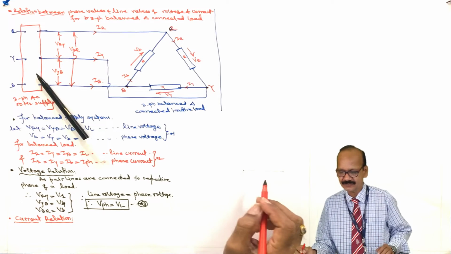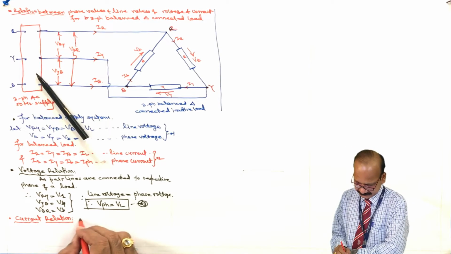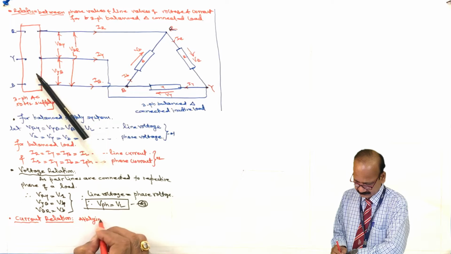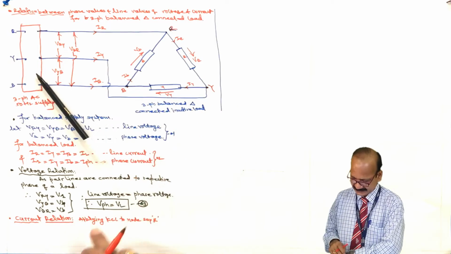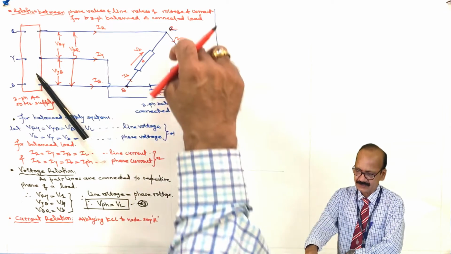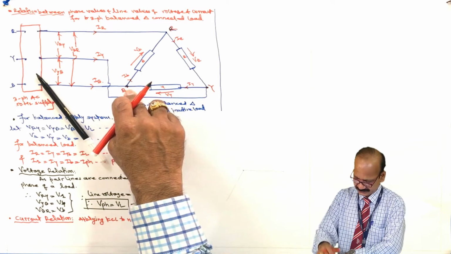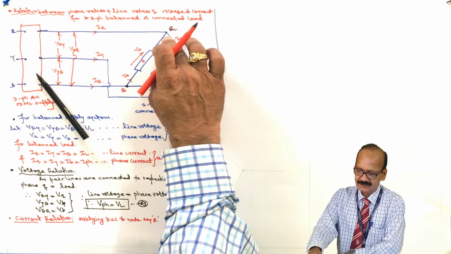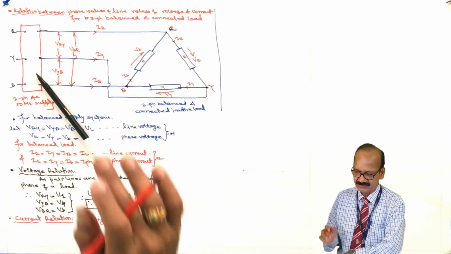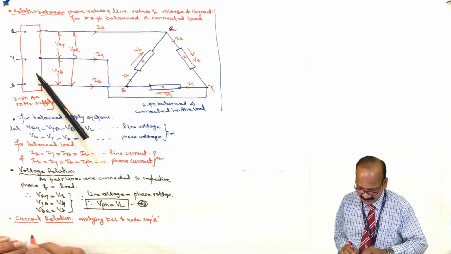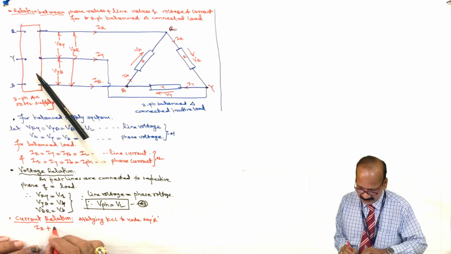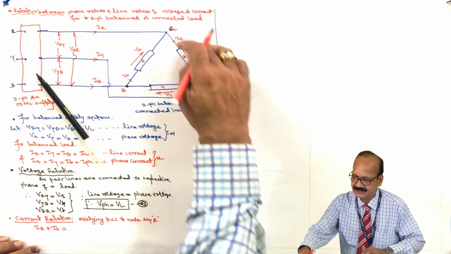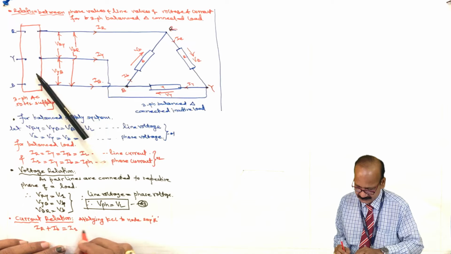For the current relation, we apply KCL to node R. Obviously we can apply KCL to nodes R, Y and B. At node R, the sum of incoming currents equals the sum of outgoing currents. So what is the incoming current? I capital R plus I small b is incoming, and outgoing is I small r.